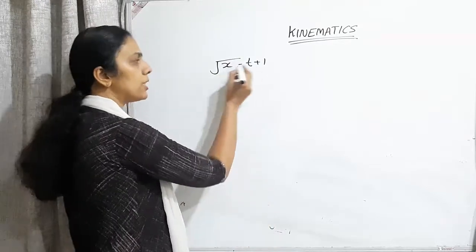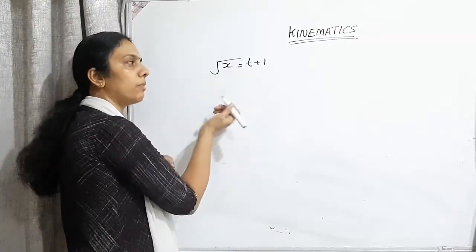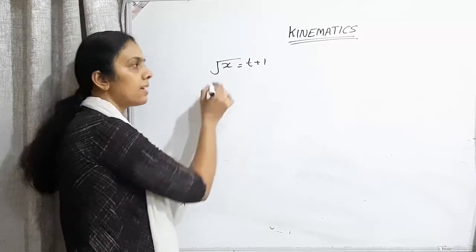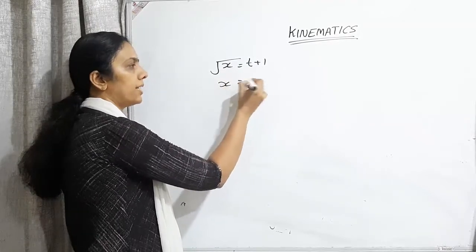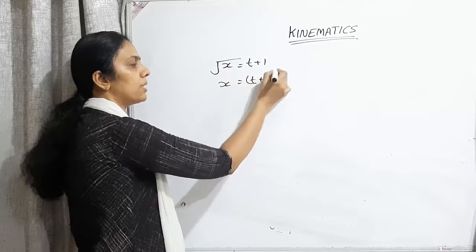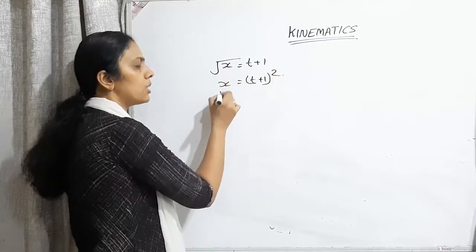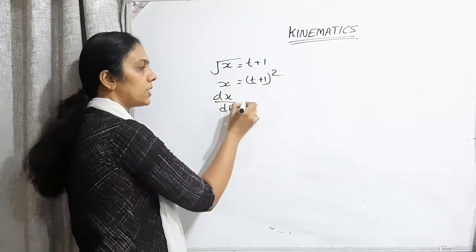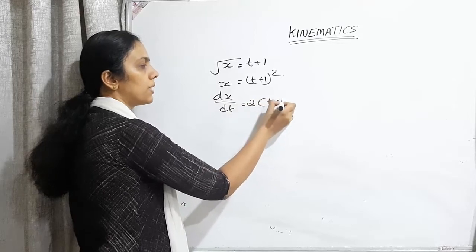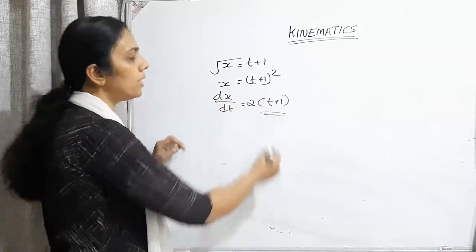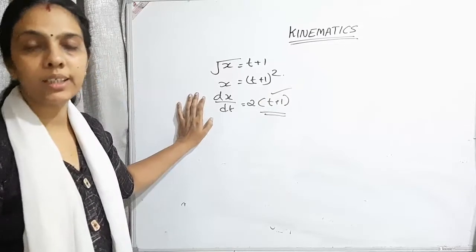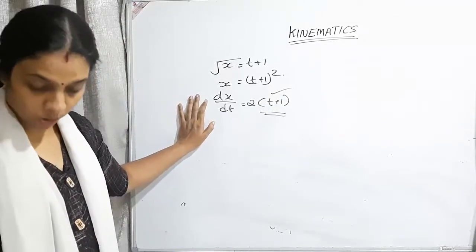That is the question. So displacement is given like this. How can we find the velocity in this case? We can square both sides: x equals (t plus 1) the whole square. So dx by dt, the velocity, is 2 into (t plus 1). So velocity also depends on time. So the answer is it depends on time.